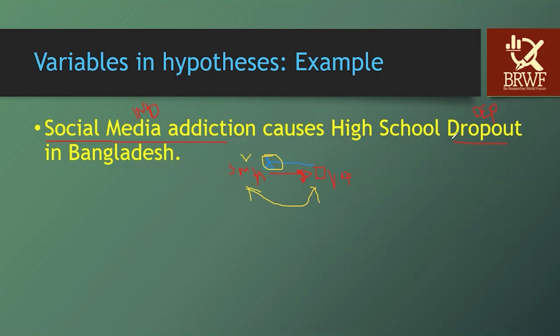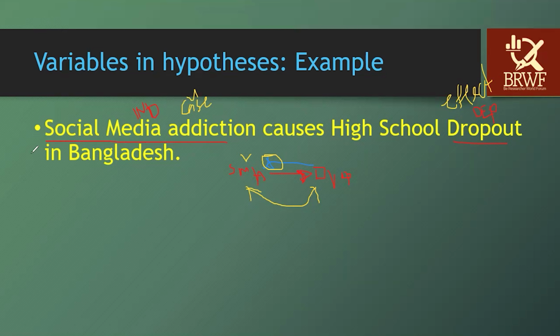But we don't care who is using social media more, the dropout student or the student still in school. So it can be a relationship, but we are focusing on what we are seeing. So we can say some cause and effect relationship. Can we say that? Yes. Cause and effect. So social media addiction is the cause, and this is the effect. So this is also called a cause effect relationship.